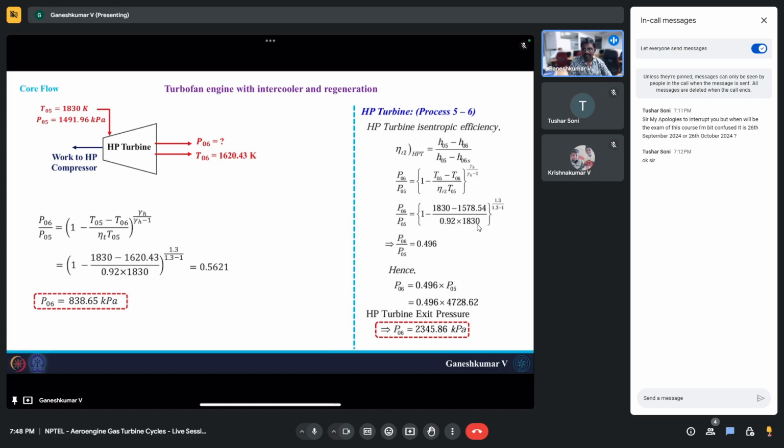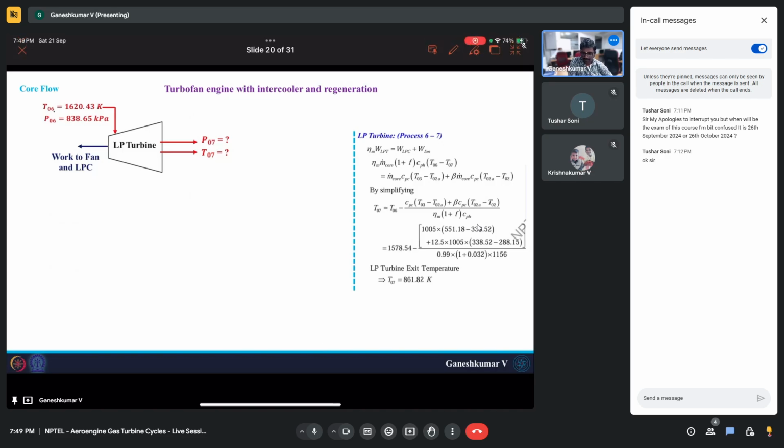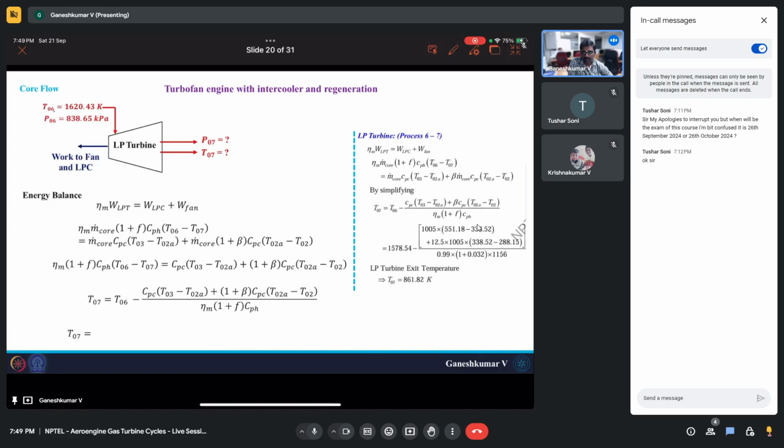All right. The next component that we have is the LP turbine. The LP turbine is used to run the fan and low pressure compressor. This formula we also already used, and we found the exit T07. If you substitute again, you will end up having T07 to be 1091.87 Kelvin.